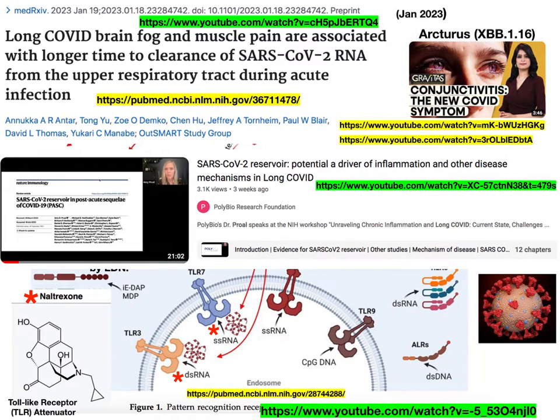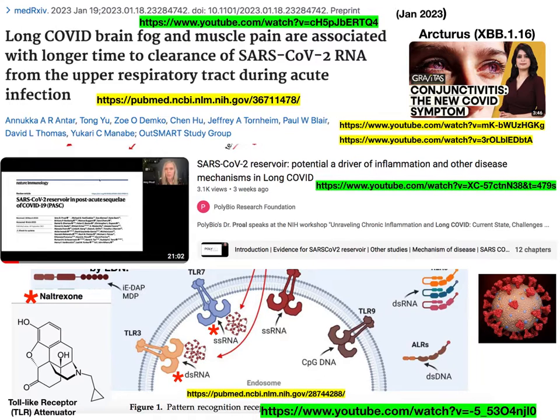Let us take this concept and put it in the context of recurring COVID infections. Talking now about the Arcturus COVID wave, XBB 1.16, which appeared earlier this year. This news report was posted in the spring of 2023: Conjunctivitis, the new COVID symptom.